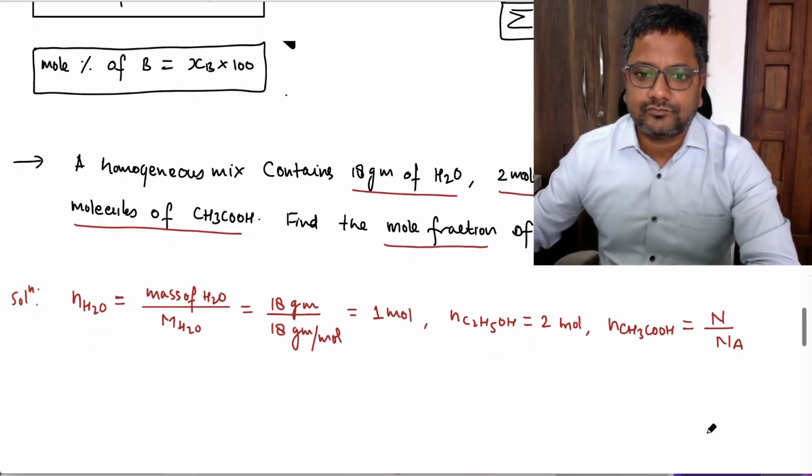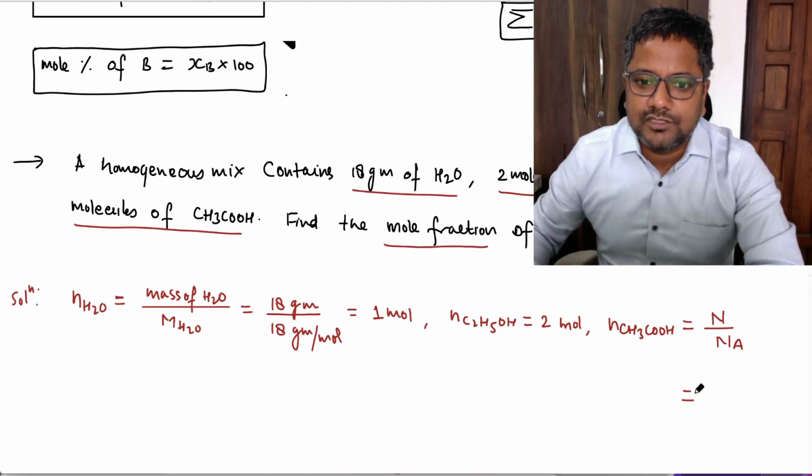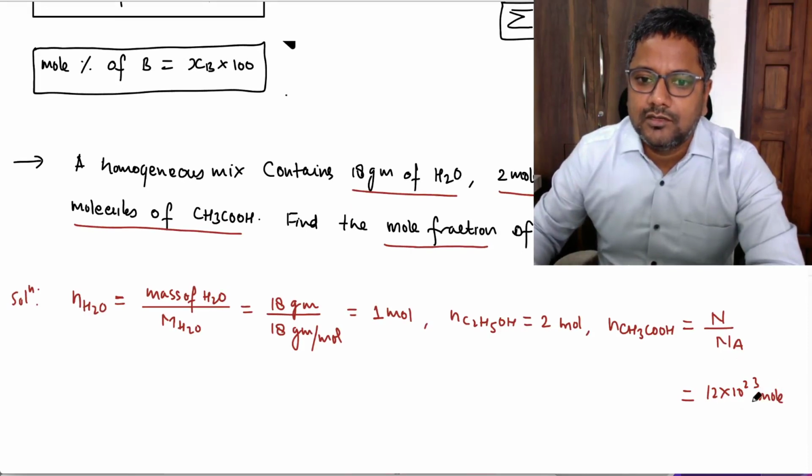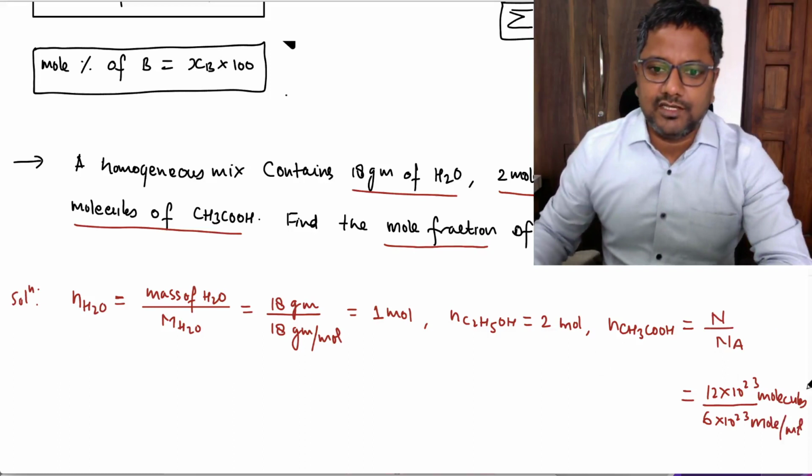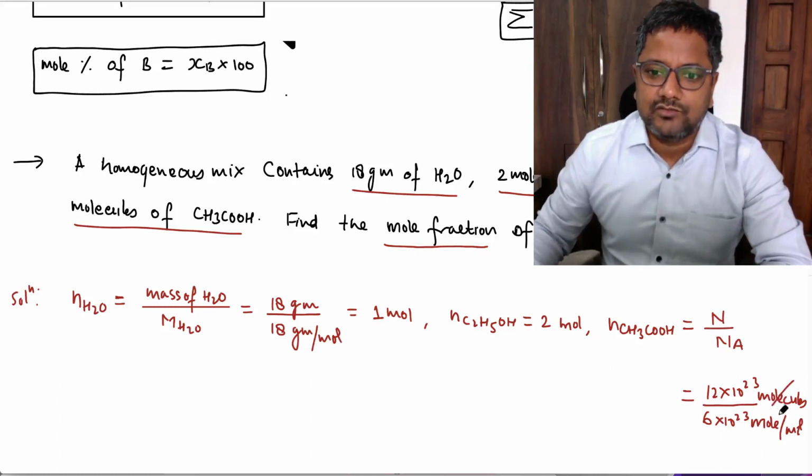So the number of moles is equal to 12 into 10 to the power 23 molecules divided by 6 into 10 to the power 23 molecules per mole. You know what is the unit of Avogadro's number? The unit of Avogadro's number is molecules per mole. So molecules cancel, so this is 2. So this is equal to 2 moles.